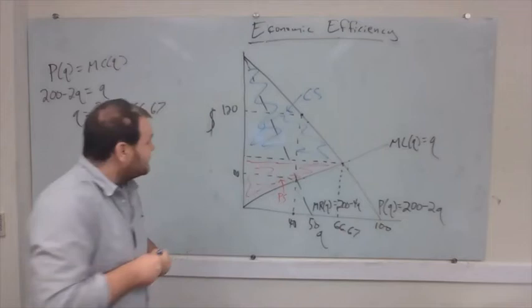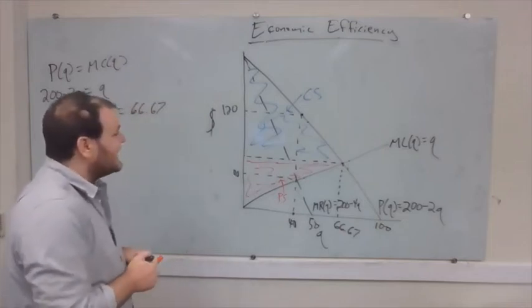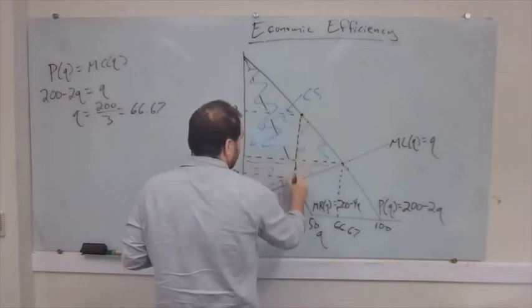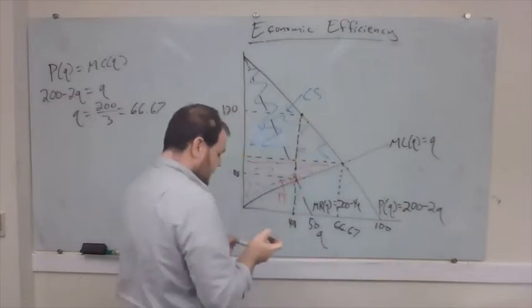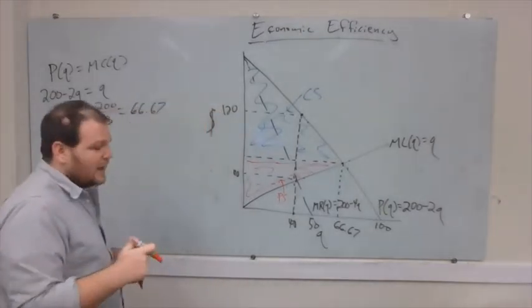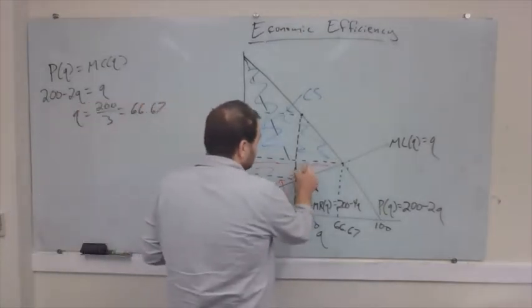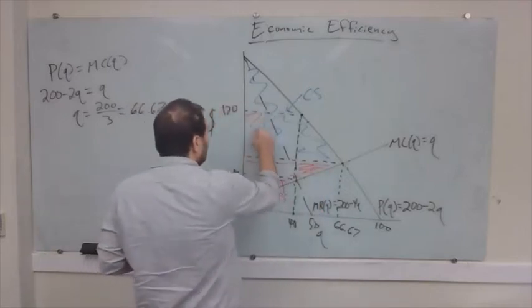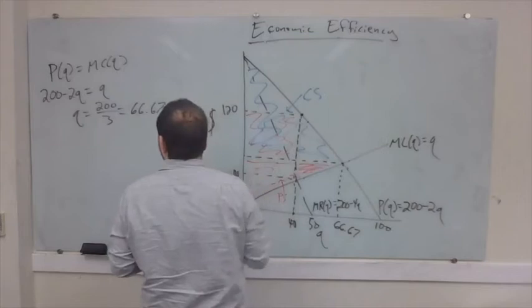What happens when the firm instead decides to produce 40 units of MOPSOX is two things. So the first thing is that while they give up a little bit of producer surplus here, right, they're going to gain this whole rectangle of producer surplus here, right?